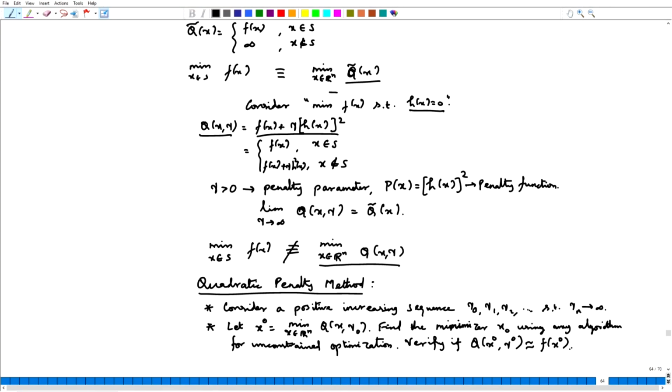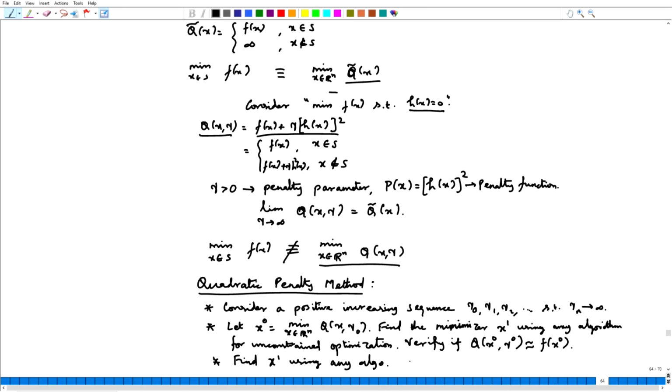If not, you go to the next step: find x 1 using any algorithm for unconstrained optimization.